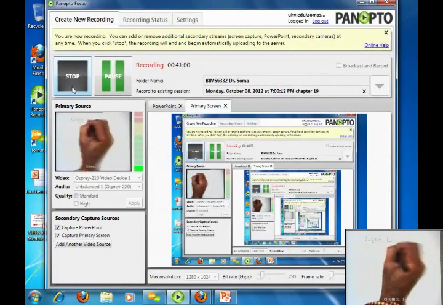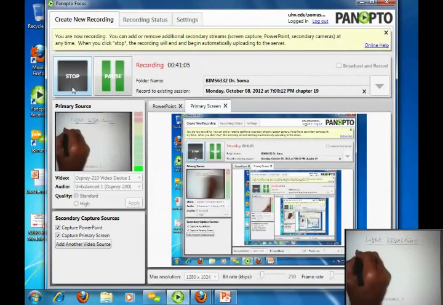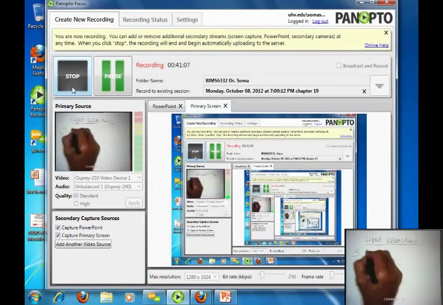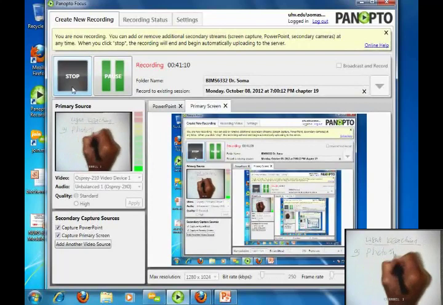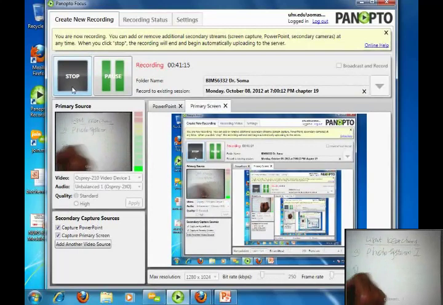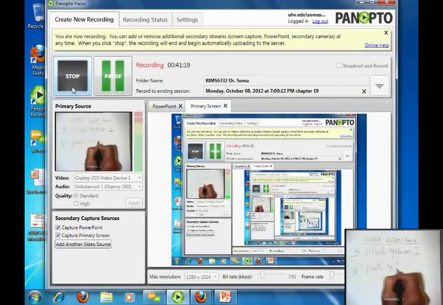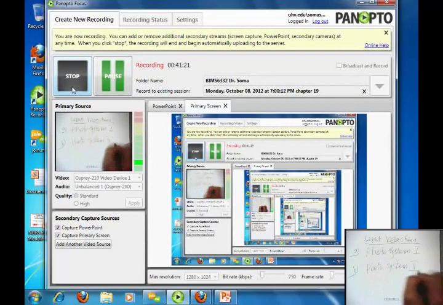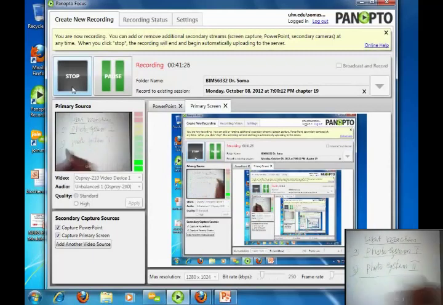In the light reaction, there are two systems involved. A, photosystem 1. And then B, photosystem 2. Okay. So we will see what happened in photosystem 1 and what happened in photosystem 2.